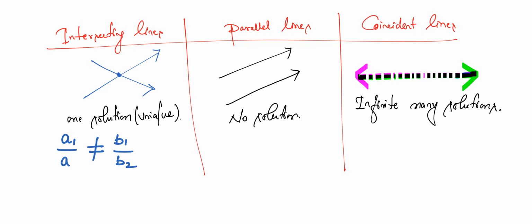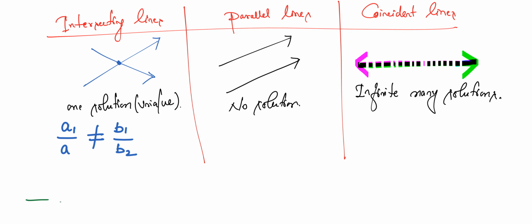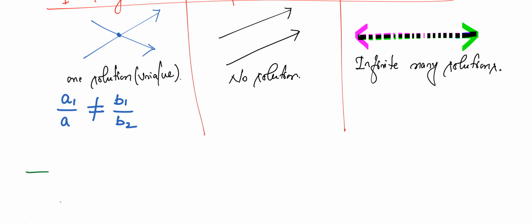One solution. Are you getting it, children? If a1 by a2 does not equal b1 by b2, how many solutions exist? One solution. Which type of lines exist? Intersecting lines. What about the consistency? Simple, they are consistent. We got the answer, but condition this.